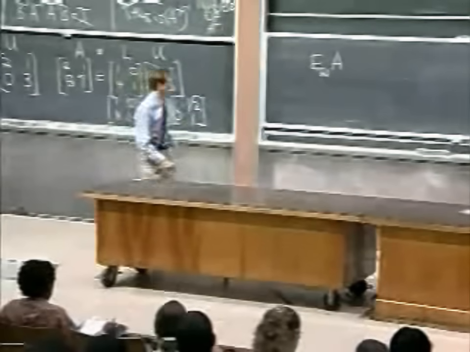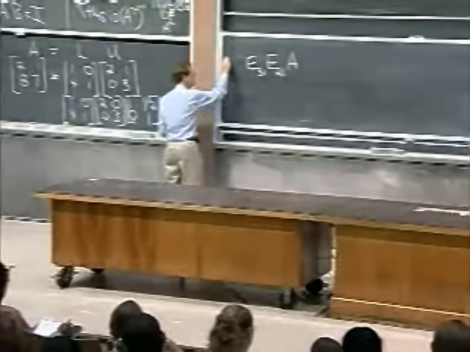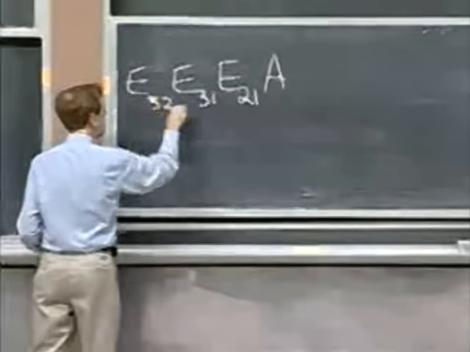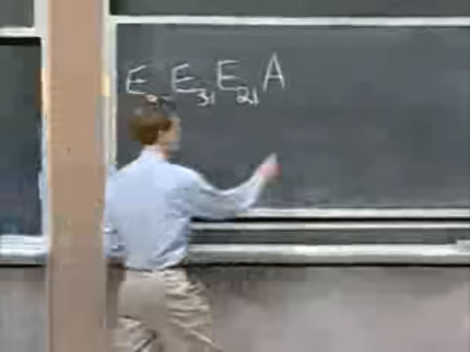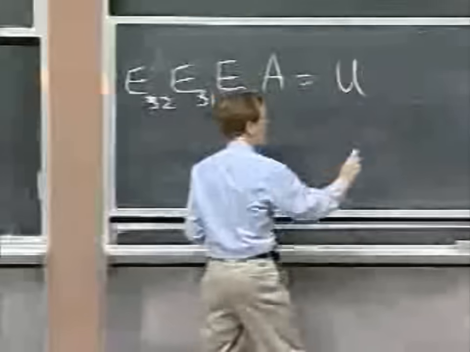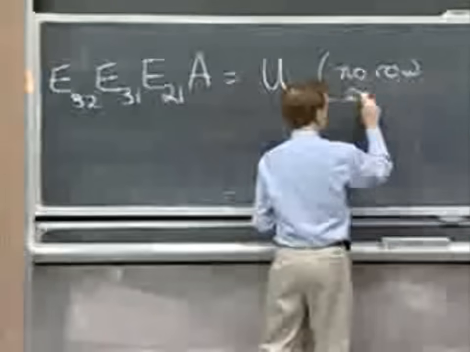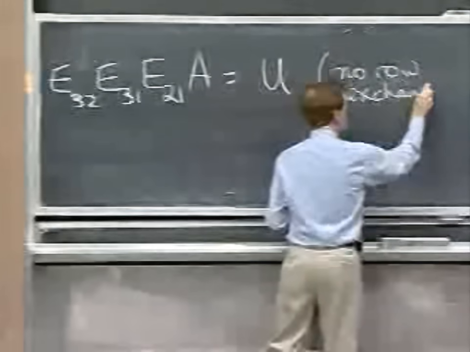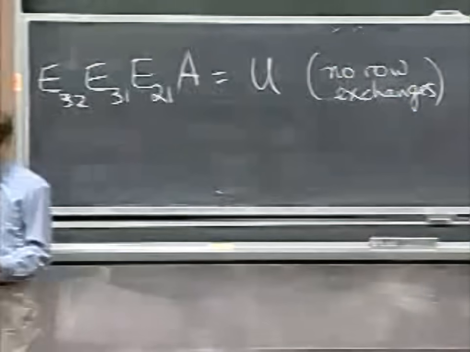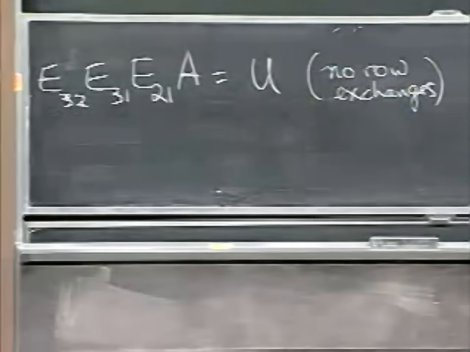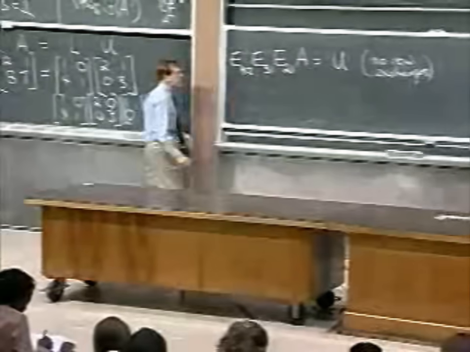And then the next step will be to get a 0 in the 3,1 position. And the final step will be to get a 0 in the 3,2 position. That's what elimination is, and it produces U. And again, no row exchange. I'm taking the nice case now, the typical case too, when I don't have to do any row exchange, all I do is these elimination steps.